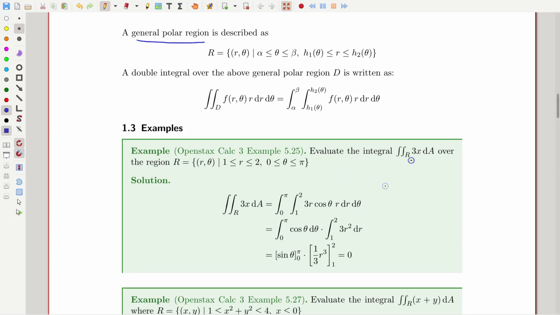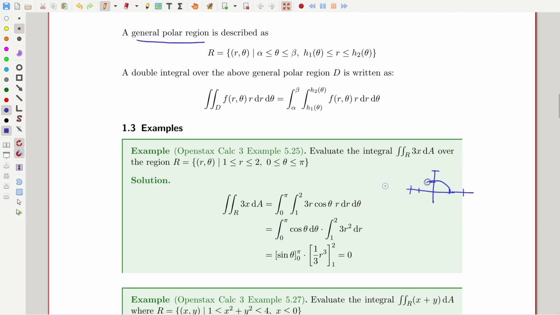So suppose you have this function. You're integrating the function 3x over some region R, where R is this, and you can tell that this is a polar rectangular region. So we could do a sketch of it. It's not too bad to do that. Theta goes from 0 to pi, and it starts at radius 1, and it ends at radius 2.